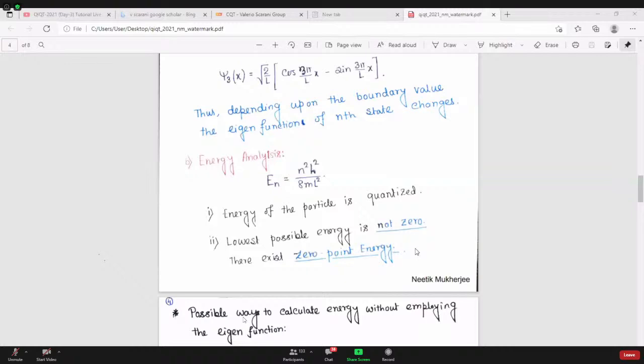But in this case, you have certain allowed values of energy. Only n equal to 1, 2, 3, 4 are allowed. Integers are allowed, not all values are allowed. So wherever in a classical system, any value of energy is allowed. That's the point. This is the difference: here the energy is quantized.